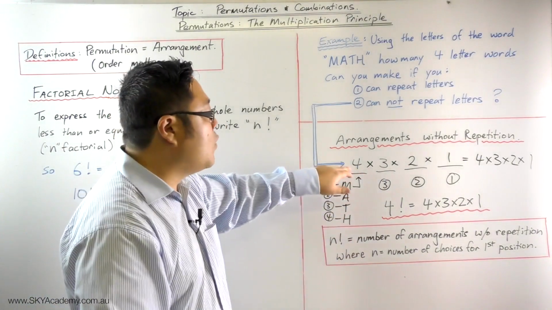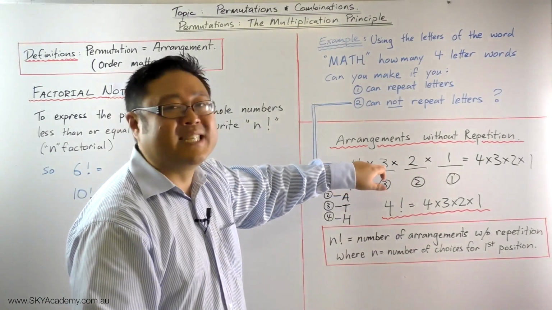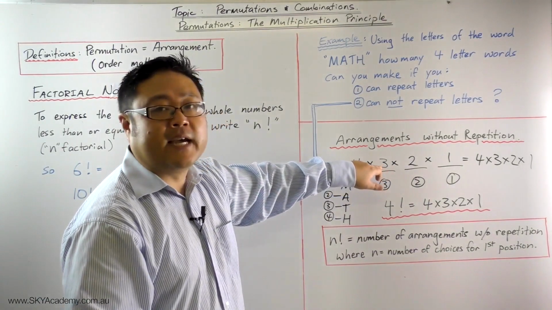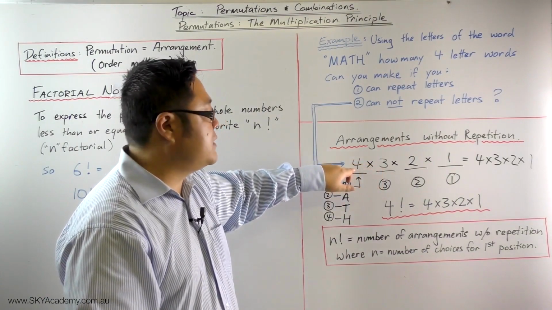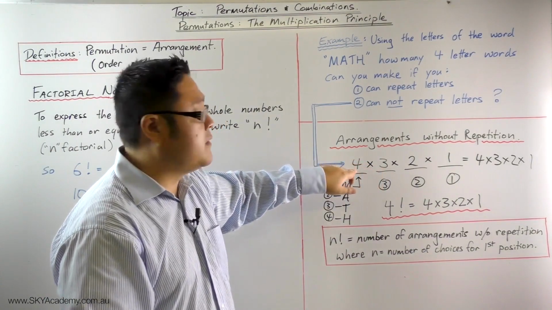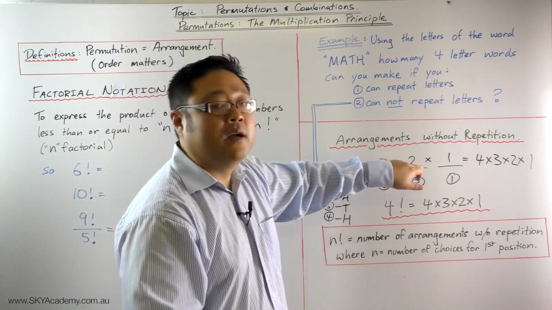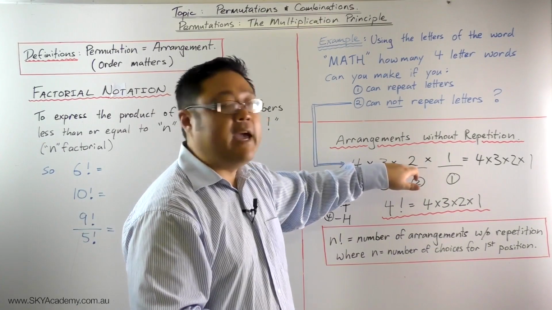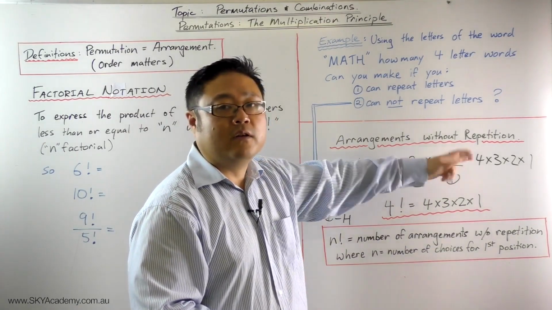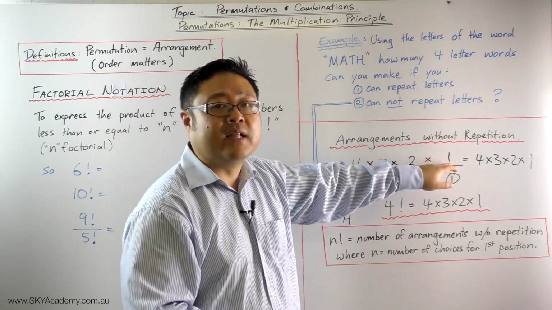So there are 4 possible choices in the first position, 3 in the second. There'll be 1 less for the third position, so you end up with 2. And whatever's left over, you'll only have 1 choice left for the last position.